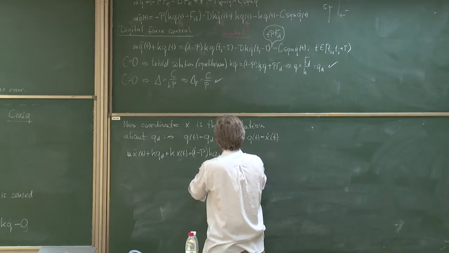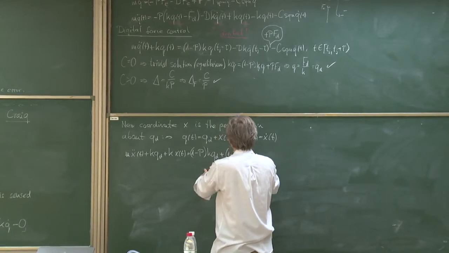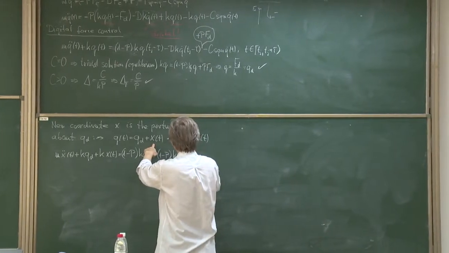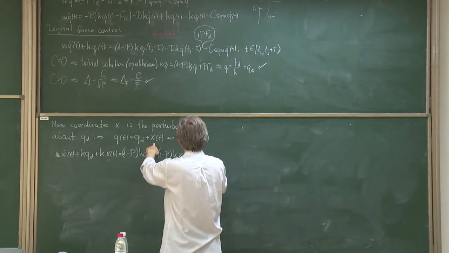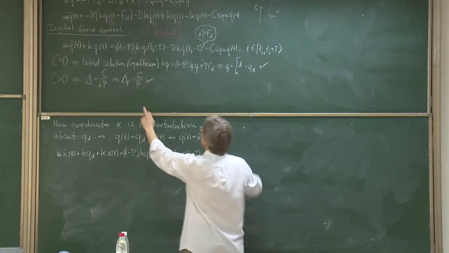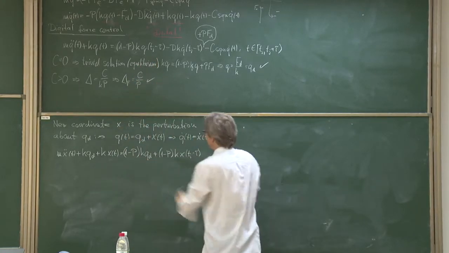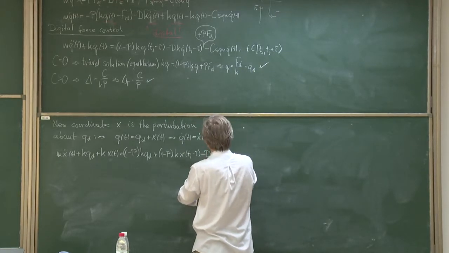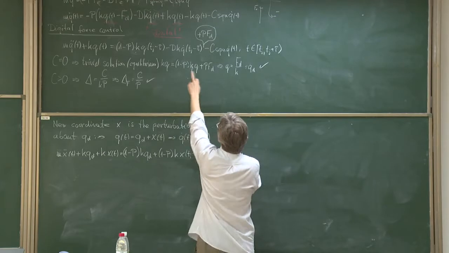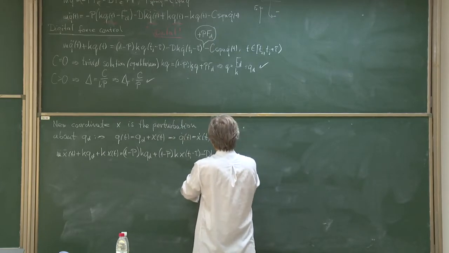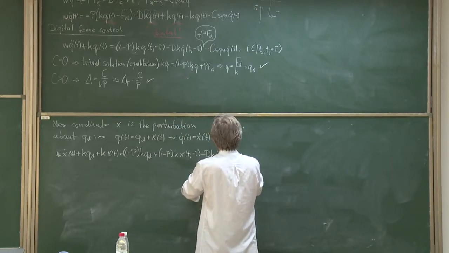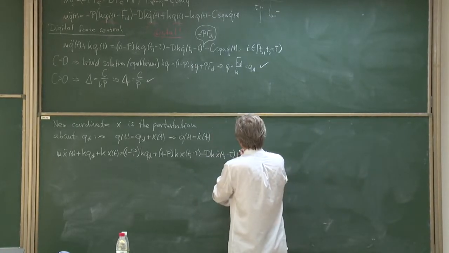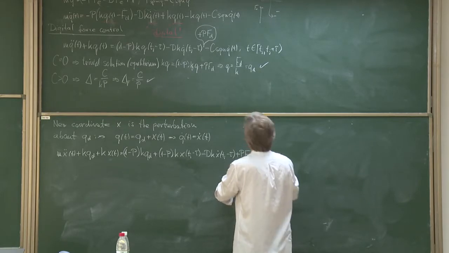Then there will also be a plus 1 minus P times K times the sampled value of x at Tj minus tau. Is it okay? So here I substituted these two instead of that. Then I will continue with minus d times k times q dot, which is the same as x dot at Tj minus tau. Then there will be plus p times fd.